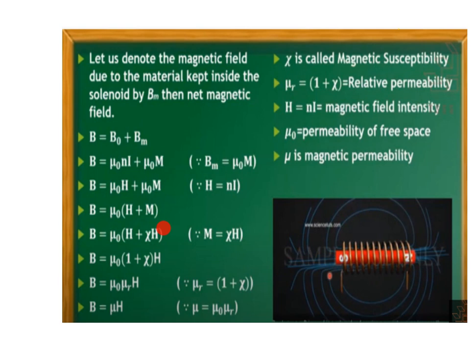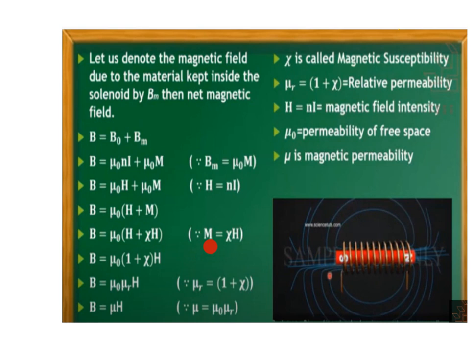Then this equation can also be written as, the net magnetic field B is equal to mu naught in bracket H plus chi H. What is this? That is the magnetization.